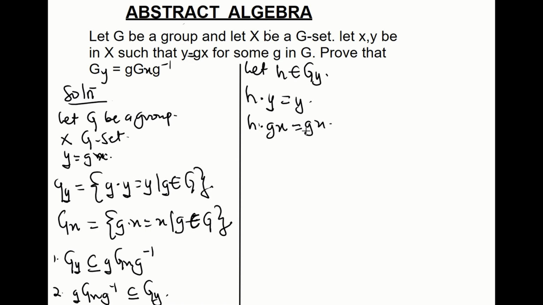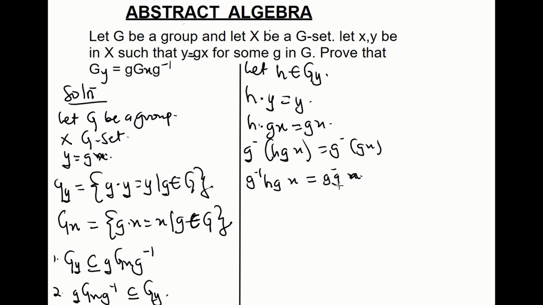Let's take the inverse of g to both sides, so let's do left multiplication by g inverse. So we have g inverse multiplying h·(g·x), which equals g inverse multiplying g·x. From here, we have (g inverse h g)·x is equal to (g inverse g)·x.